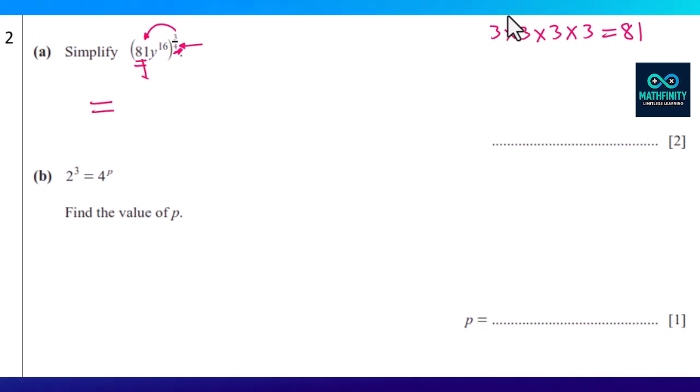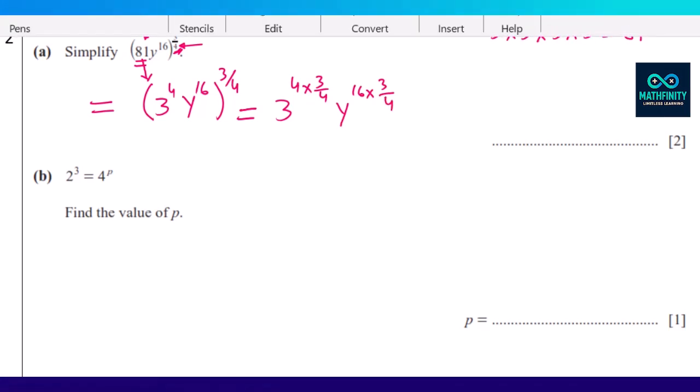In place of 81, we can write 3 power 4, y power 16, and now we will open the power. We will distribute like this: 3 power 4 times 3 over 4, y power 16 times 3 over 4. Now we can cancel 4 and 4.